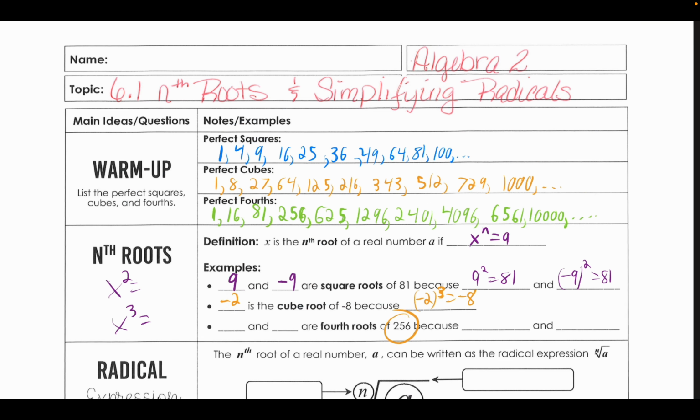So fourth roots of 256 are both 4 and negative 4. Because once again, an even number of positives is a positive, and an even number of negatives is also a positive. So 4 to the 4th is 256, and negative 4 to the 4th is the same, 256.